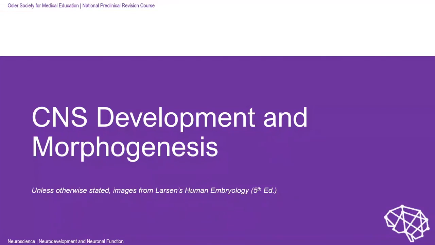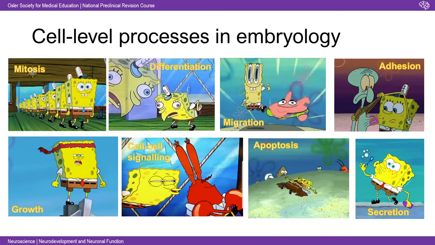Brilliant. So let's start with a broad overview with CNS development. When thinking about any developmental process, I think it is really important to think about what is going on at the level of individual cells and tissues in that developing system.